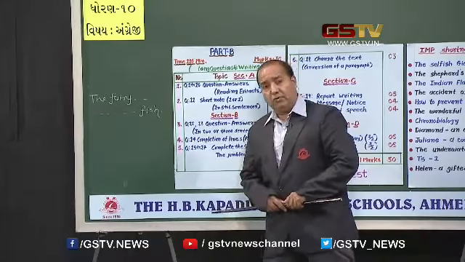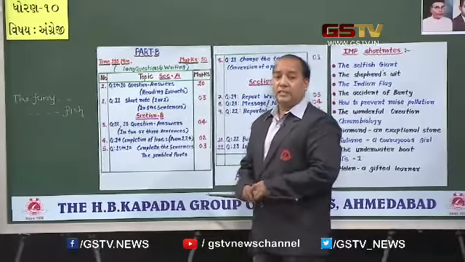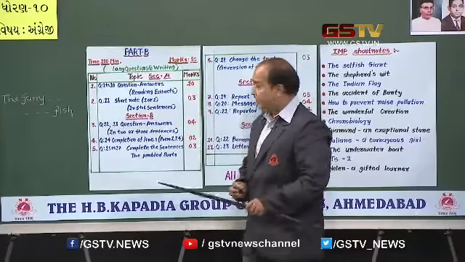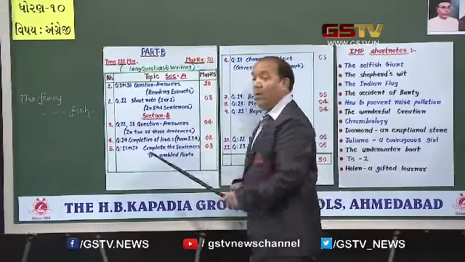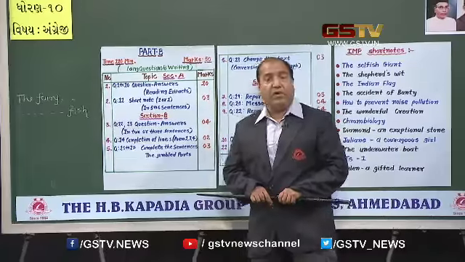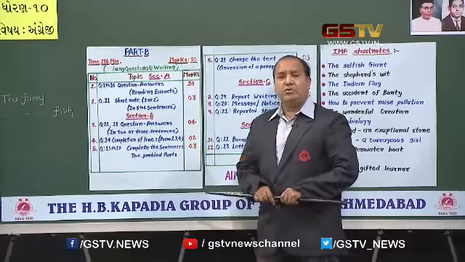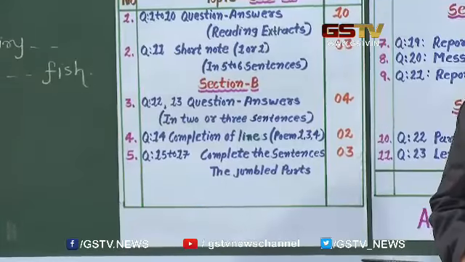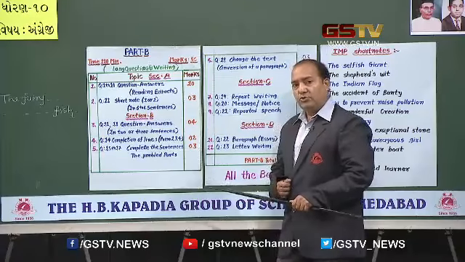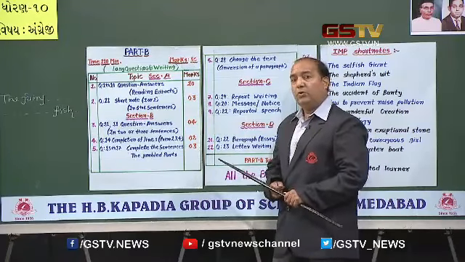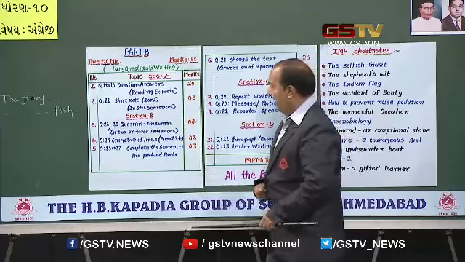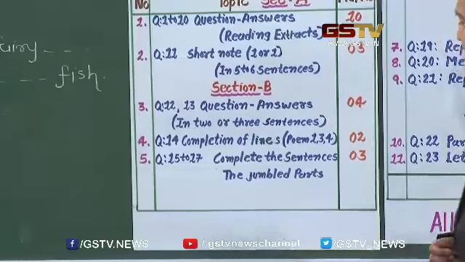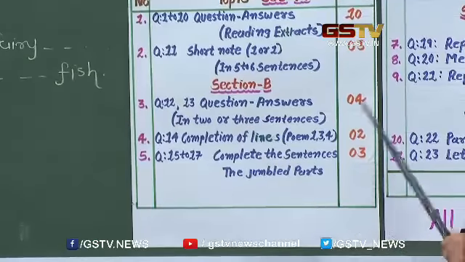And students, I would like to draw your attention that this completion of poems question will be asked from only poems number 1, 3 and 4. So read it carefully with a fresh mind, and I am sure that it will be very useful to you in tomorrow's paper. After that, the turn comes of complete the sentence.